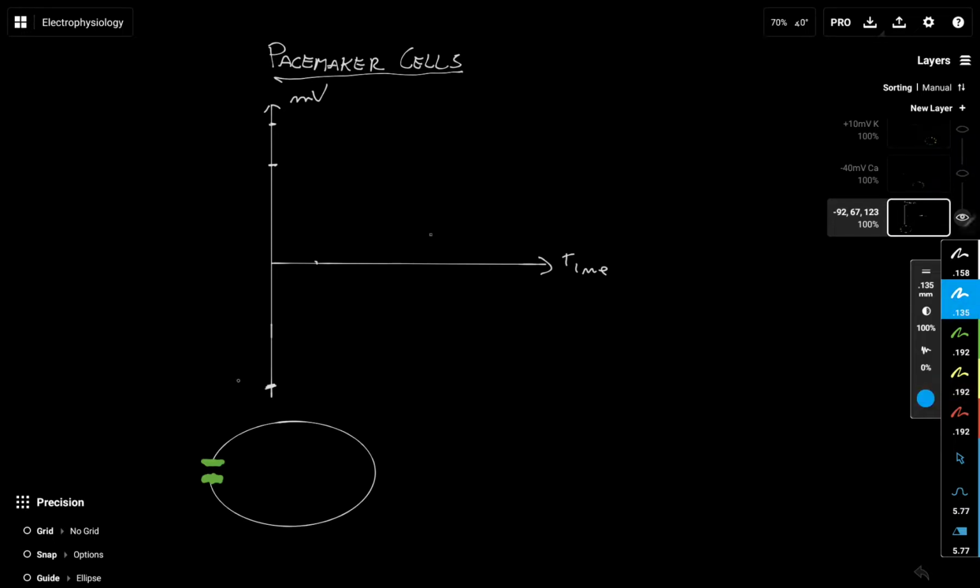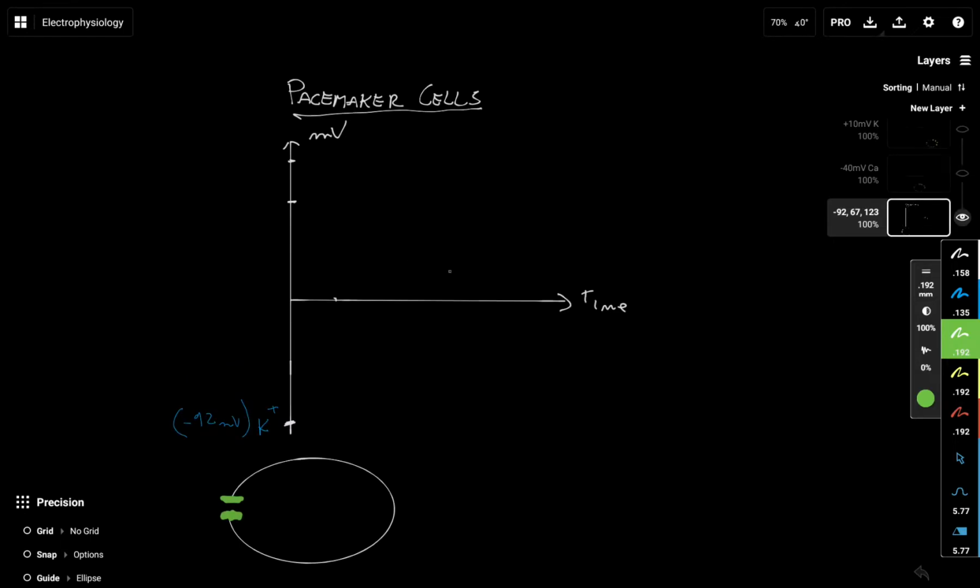At the bottom I'm going to draw potassium, and down here represents minus 92 millivolts. The reason is that if there was only potassium going in and out of the cell constantly, this is the resting membrane potential that potassium would want it to have if potassium was the only player.